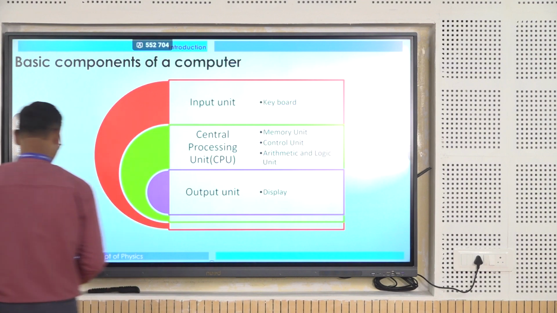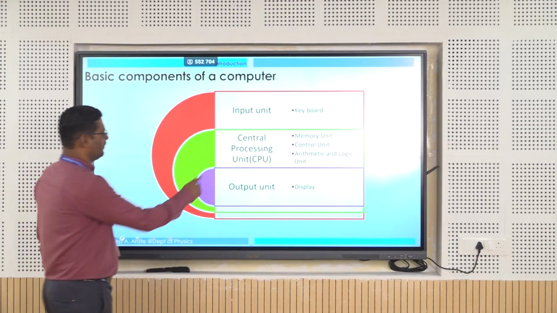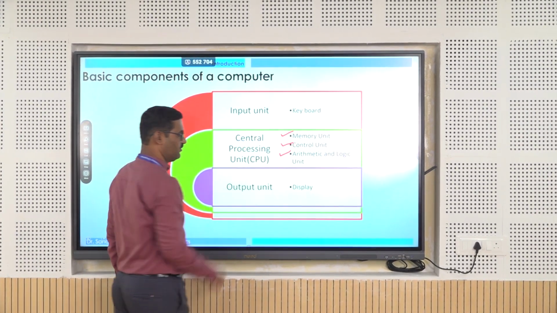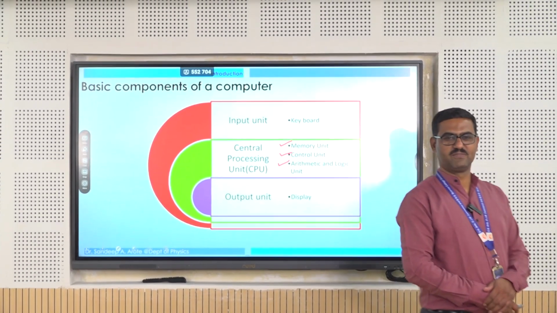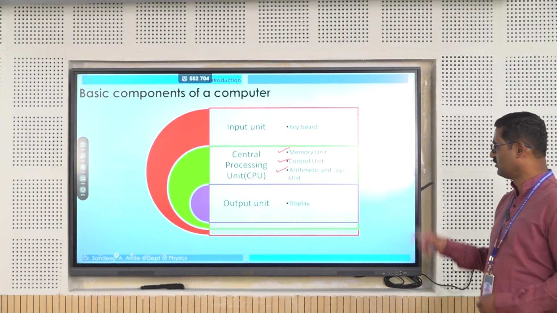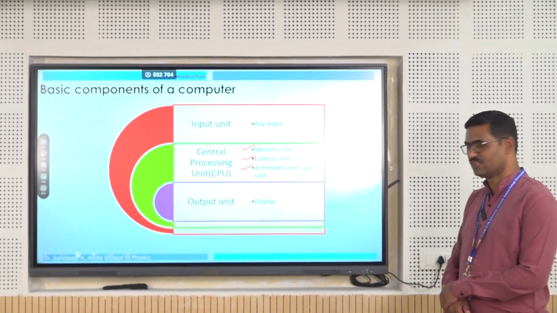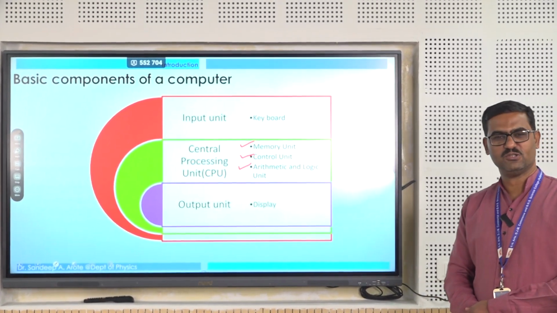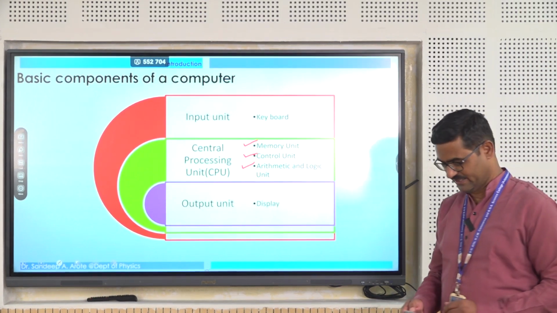In the central processing unit we have the memory unit, control unit and arithmetic and logical unit, where the memory unit will help you to store whatever task you are performing. The control unit will help you to do processing, and the arithmetic and logical unit will help you to do mathematical calculations. Display is basically used to show whatever task is performed by the computer.